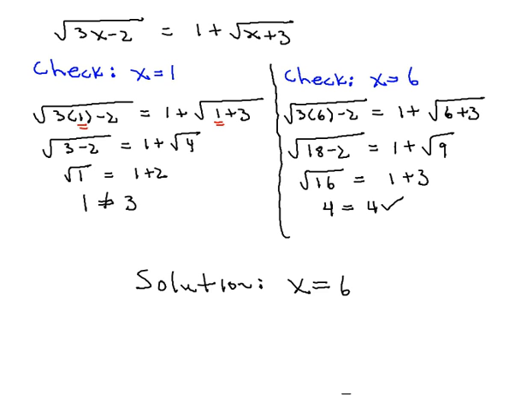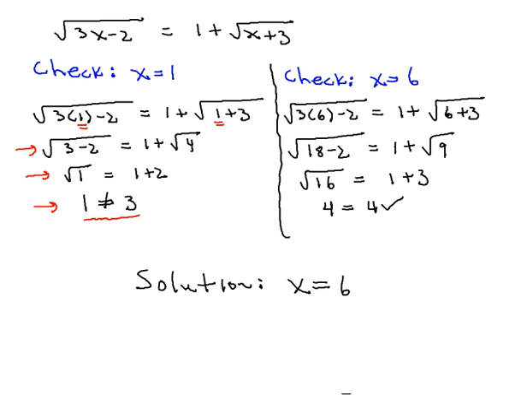And so simplifying, then we have the square root of 3 times 1 minus 2, which produces then the square root of 3 minus 2, which is square root of 1, which turns out to be 1. And on the right hand side we have 1 plus the square root of 4, or 1 plus 2, which is 3, and you can see that 1 is not equal to 3. So x equals 1 is not a valid solution.